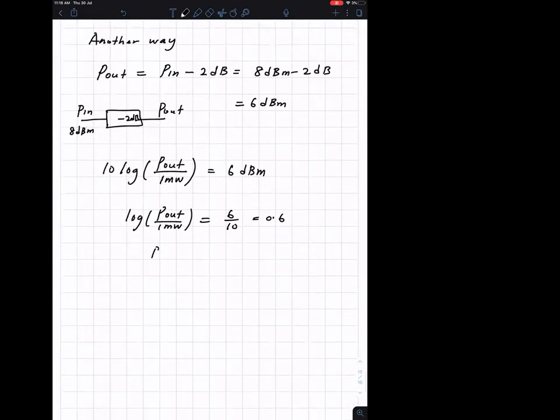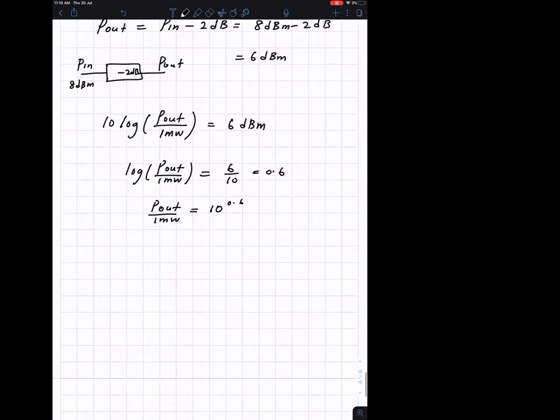So therefore P out over 1 milliwatt is 10 to the power of 0.6. Therefore P out is 10 to the power of 0.6 multiplied by 1 milliwatt.